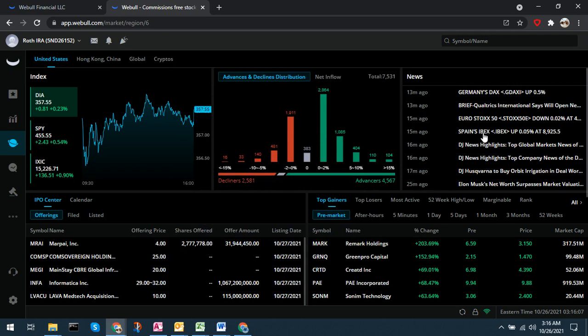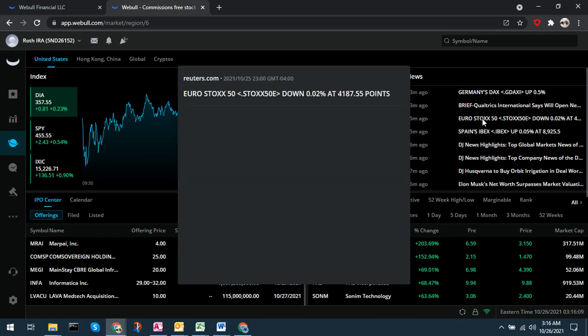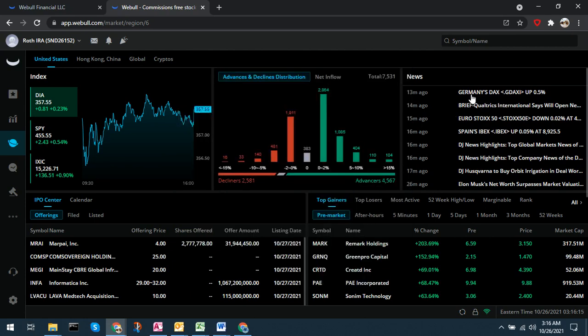So it's a real quick and easy way to quickly access the real-time news, and again, you will see the news pop up as it is released. So again, this is a real easy way to view news as it's released and get the details very quickly.